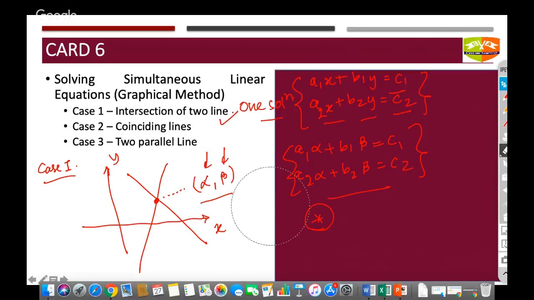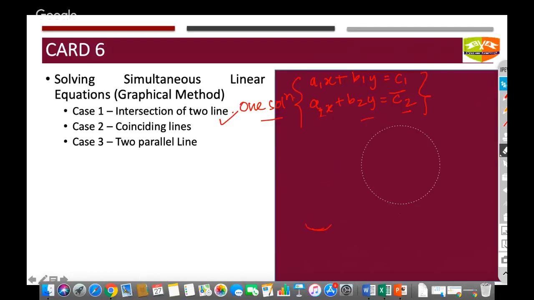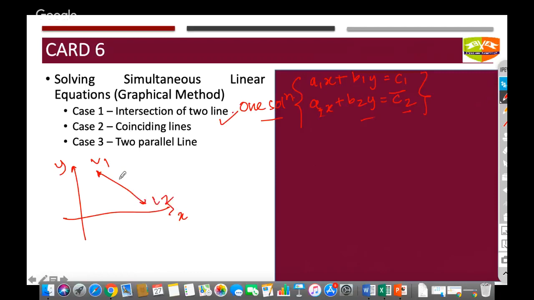Now what happens is, suppose the two lines are coinciding, as I discussed. So this is my x-axis and this is my y-axis, and the two lines are coinciding like this. Suppose this is line L1 and this is line L2. On lines L1 and L2, there would be infinite x and y points which satisfy these two equations.